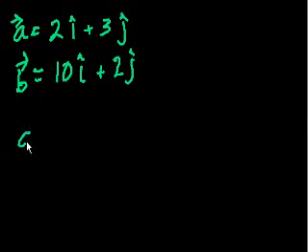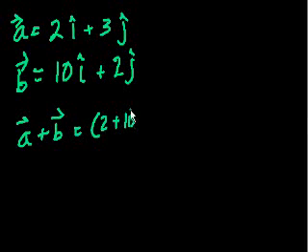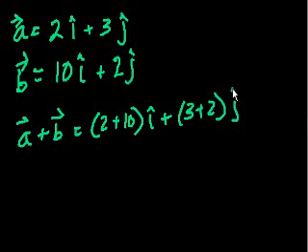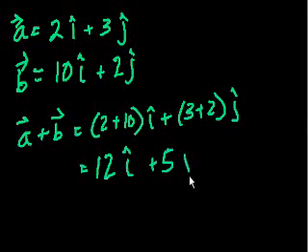If I were to say what's the sum of these two vectors, a plus b, before we had this unit vector notation, we would have to draw them and put them heads to tails, and do it visually, and it would take a lot of time. But once you have it broken up into the x and y components, you can just separately add the x and y components. So vector a plus vector b is just 2 plus 10 times i plus 3 plus 2 times j, and that's equal to 12i plus 5j.